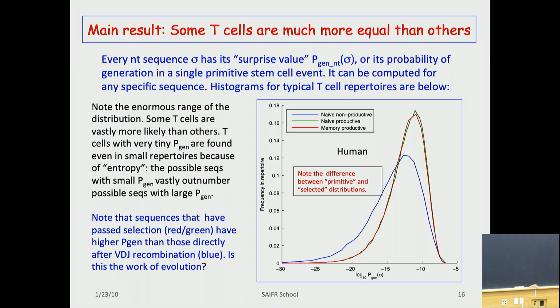That is to say, for that sequence, what's the probability that in a single generative stem cell event that sequence got produced as opposed to all of the other sequences that could be produced. Since there's such a large number of possible sequences, the probability of generating in one shot any particular sequence is, of course, going to be small, all right? On the other hand, it's a number, and now we have the ability to assign to any T-cell receptor that we observe that number, okay?